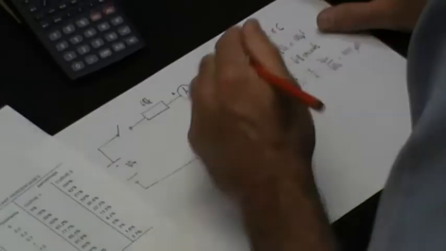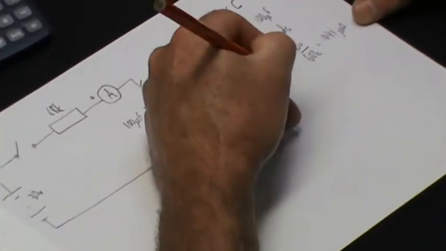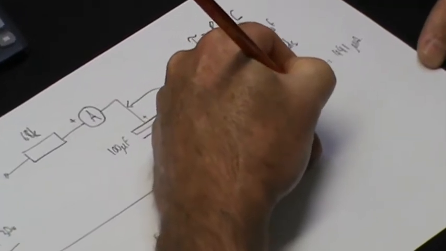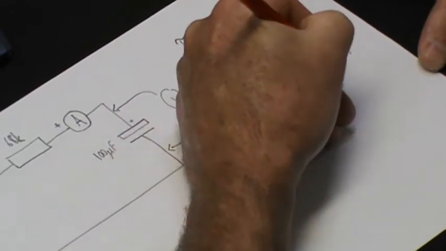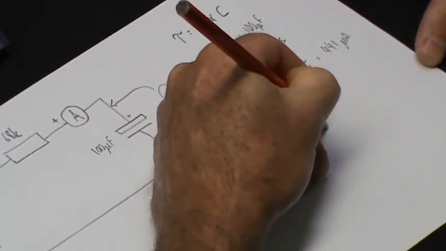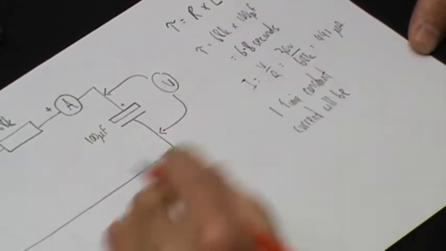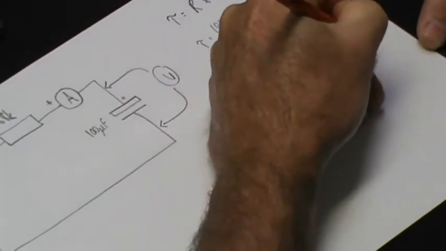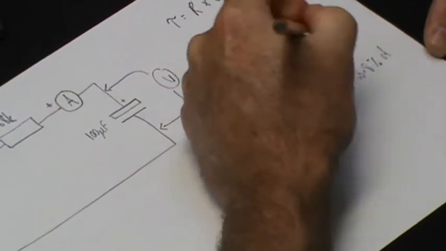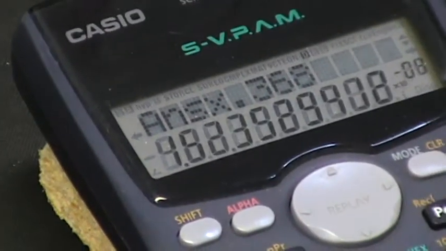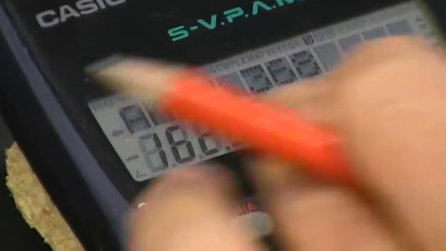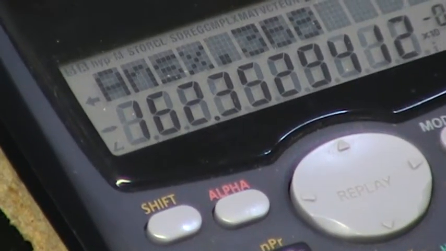So after 1 time constant, which is 6.8 seconds, current will be 36.8% of 441 microamps, which is equal to 441 times 0.368, which is 162 microamps.